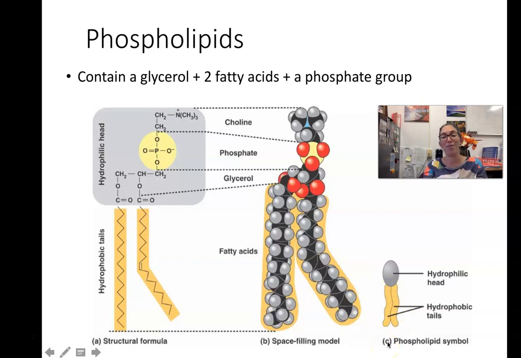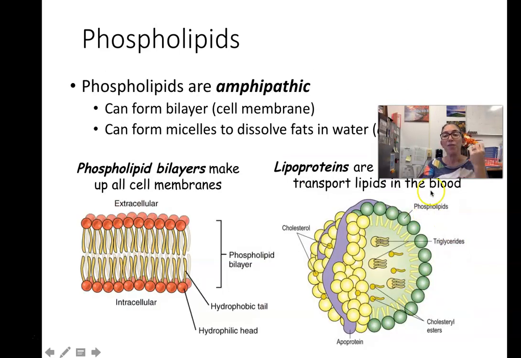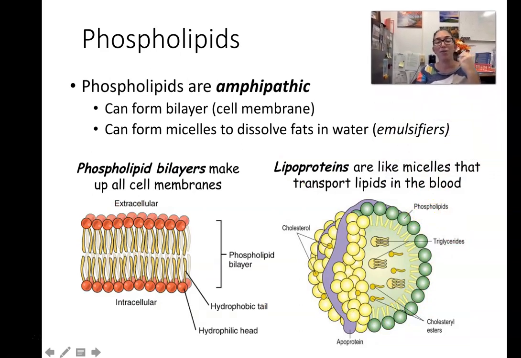So we say they're afraid of water, they're hydrophobic. And remember, anytime we have a molecule that is part hydrophilic and part hydrophobic, or part polar and part nonpolar, we call it amphipathic. So an amphipathic molecule is both polar and nonpolar. And so phospholipids can form these really interesting structures in an aqueous, watery environment.